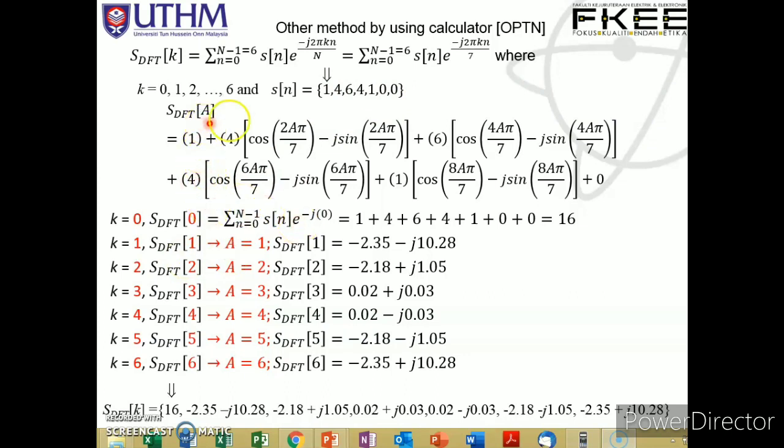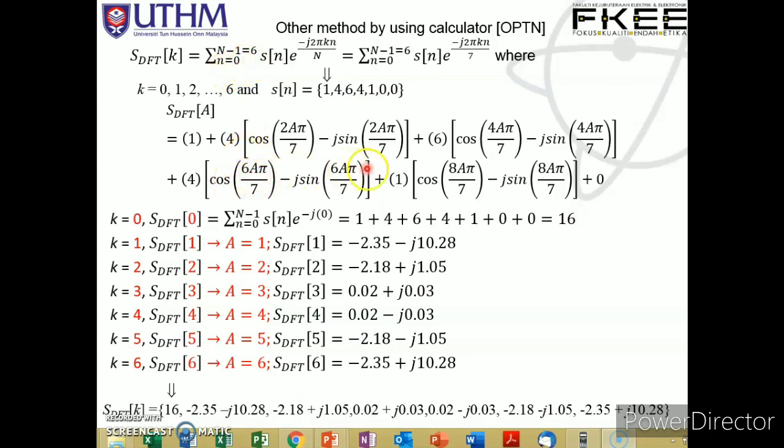To use the calculator, we can use the option button and use the variable A for the equation. The A stands for the k value, so we can change the k. We can use the option button in the calculator to calculate all the values of n, because this is the summation of the discrete signal with multiplication of exponential from n equals 0 until 6.